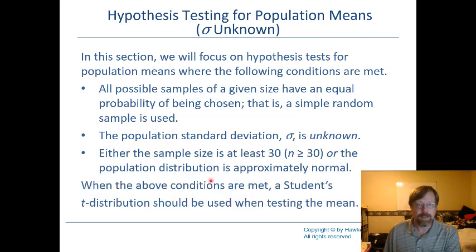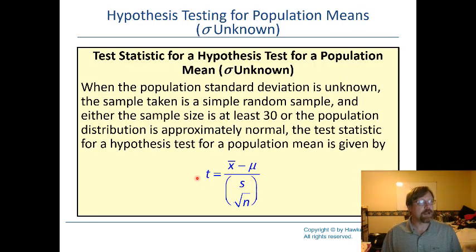approximately normal. When these conditions are met, as we saw earlier in Chapter 8, we use the student's t-distribution instead of the normal distribution, which means that our hypothesis test statistic is the t-statistic instead of z. It's calculated very, very similarly.